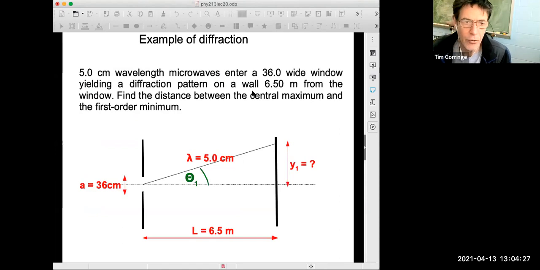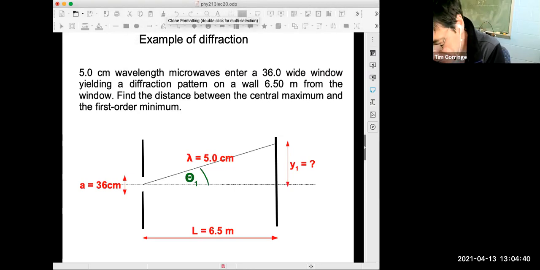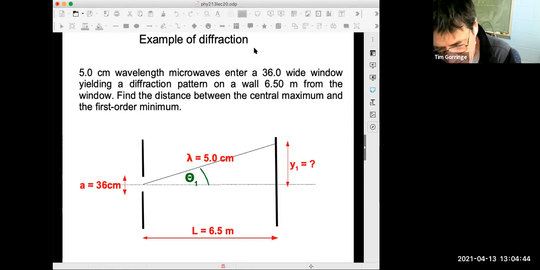Let's look at an example. In this example, this is actually an example of diffraction of electromagnetic waves, but not visible light.